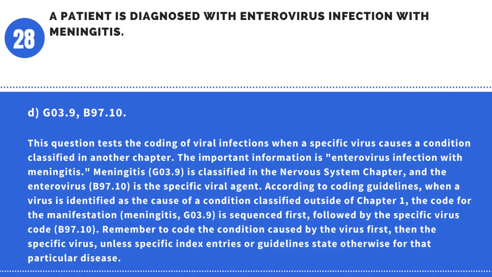According to coding guidelines, when a virus is identified as the cause of a condition classified outside of Chapter 1, the code for the manifestation, meningitis, G03.9, is sequenced first, followed by the specific virus code, B97.10. Remember to code the condition caused by the virus first, then the specific virus, unless specific index entries or guidelines state otherwise for that particular disease.